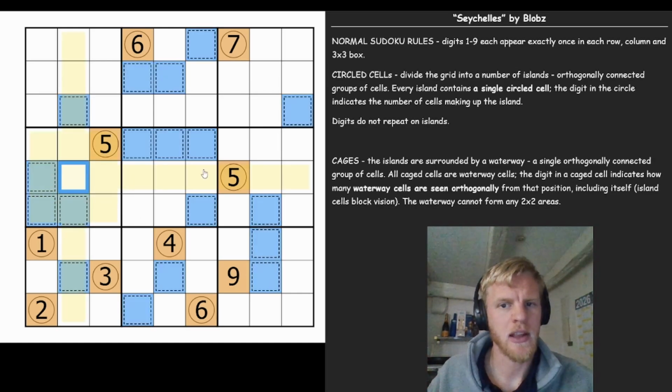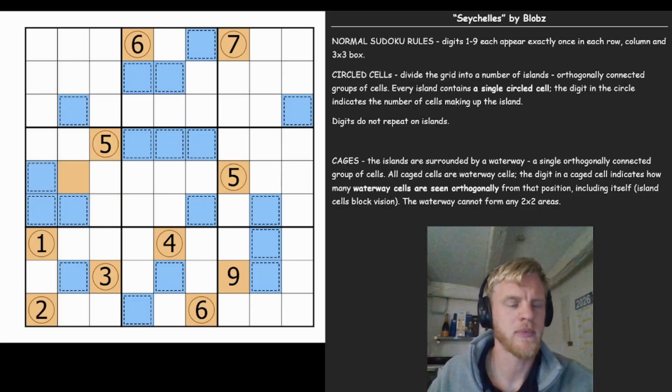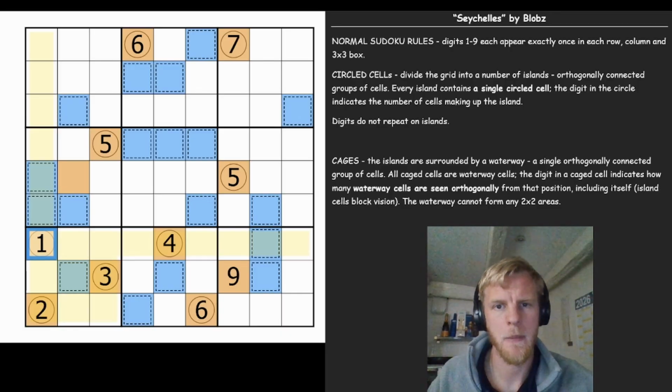Right away we can tell from the no 2 by 2 rule this is an island. Also, we do know that this island is just one cell big, right?